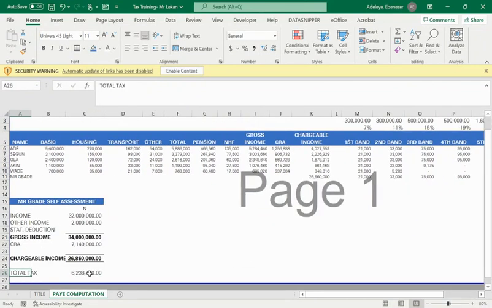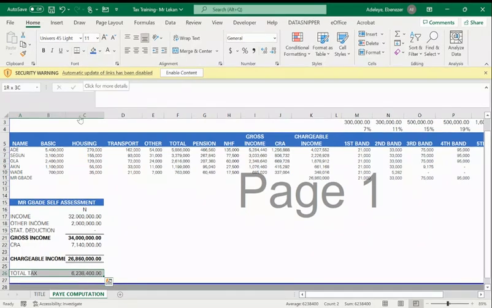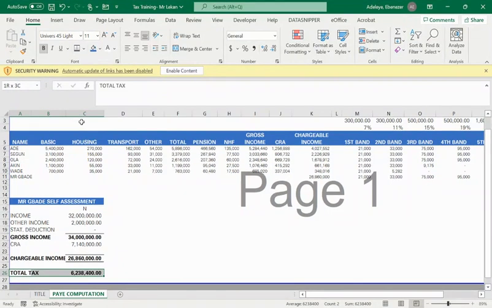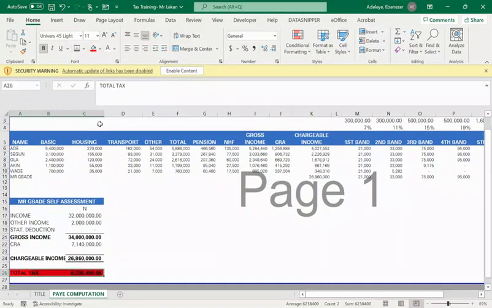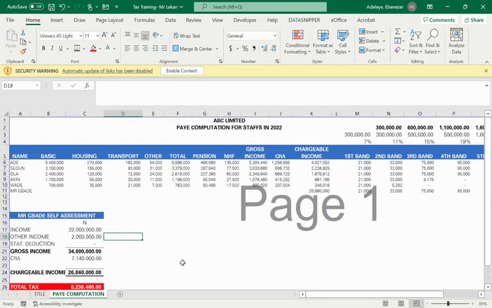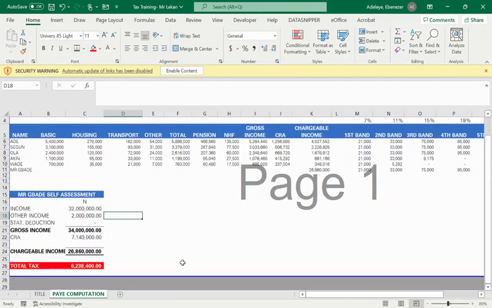So you can see that it's very, very easy. If we get our formatting right, our formatting will help our work to be good, and we can paint this maybe just to differentiate it, just white as well. So this is just about it.